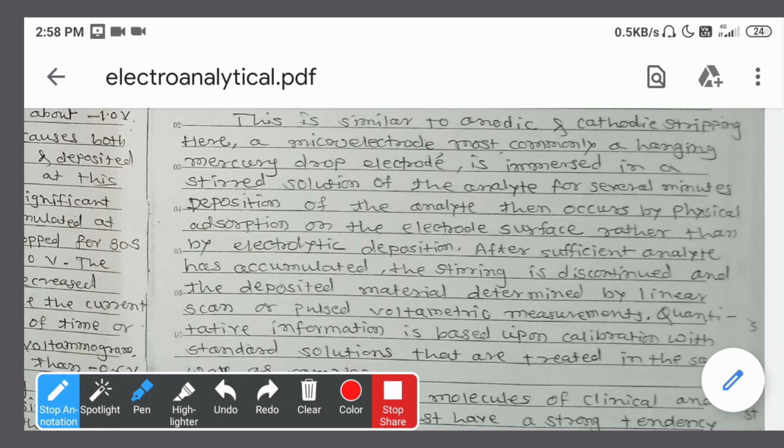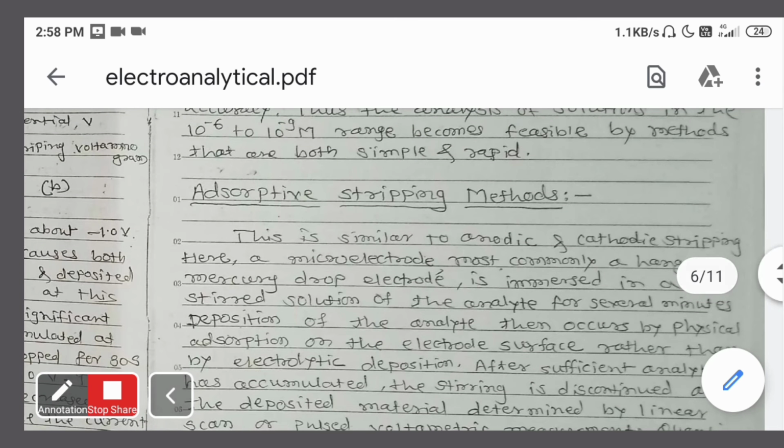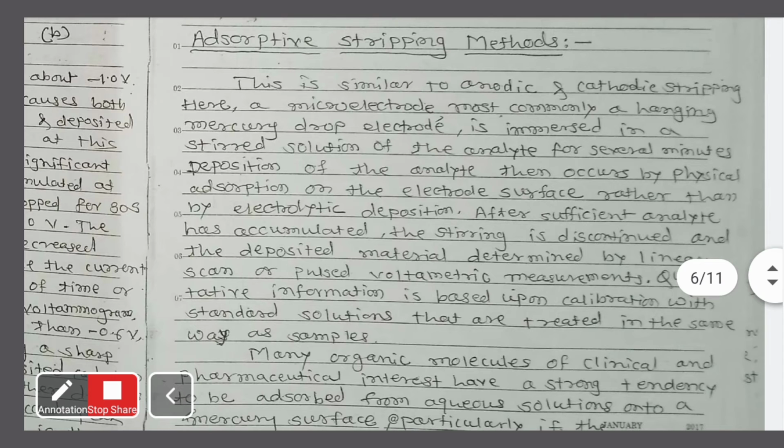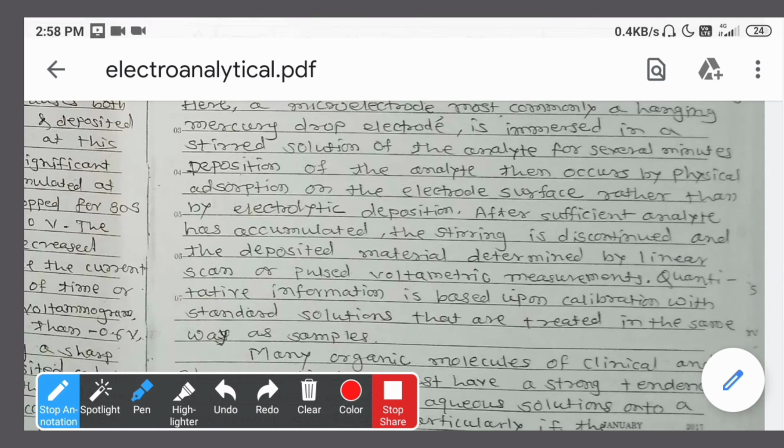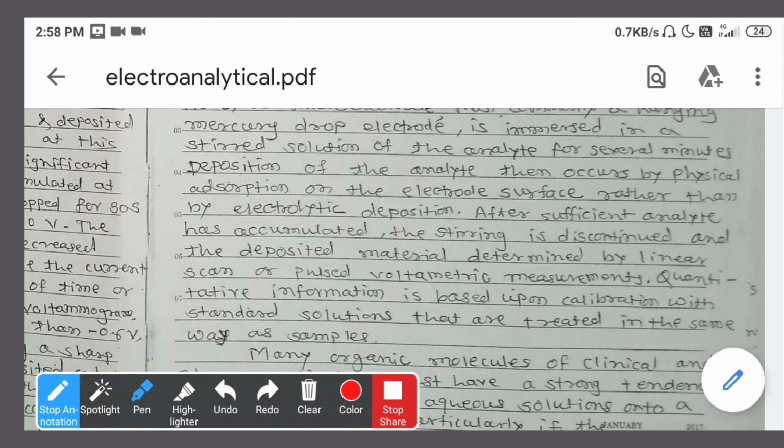Now what is the difference between stripping voltammetry and adsorptive stripping voltammetry? Instead of using an external potential, here we use the adsorptive method. Here we use physical adsorption on the electrode surface rather than electrolytic deposition.